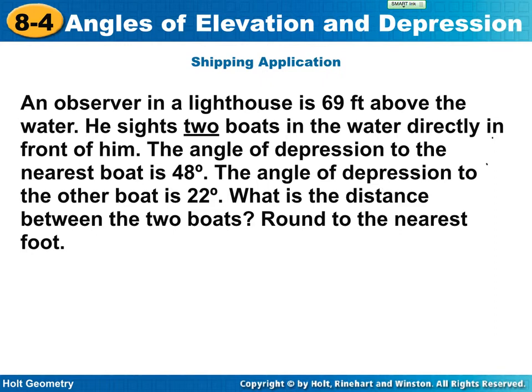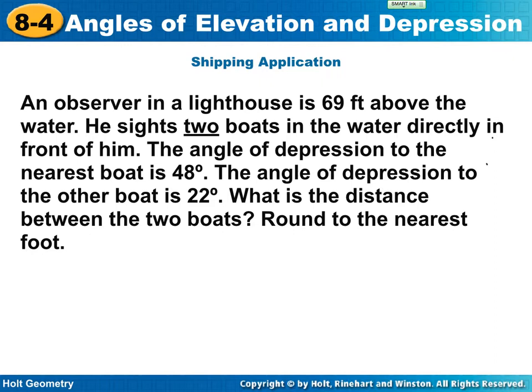Now let's read about the second boat. The angle of depression to the other boat is 22 degrees. So the same person looking out at a smaller angle means that boat's going to be out further. So second boat, 22 degree angle of depression.